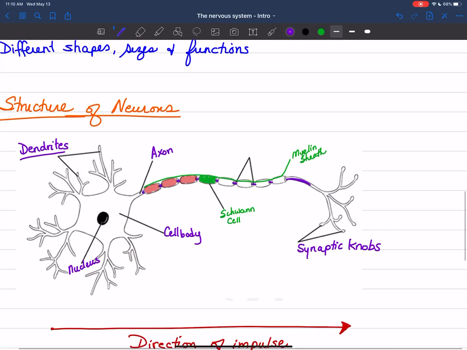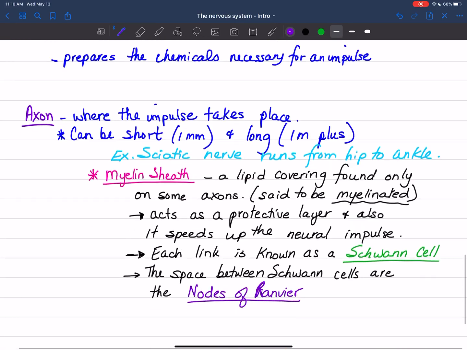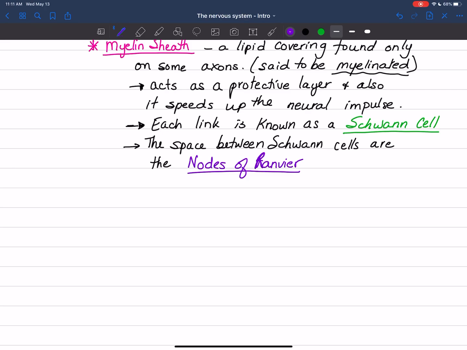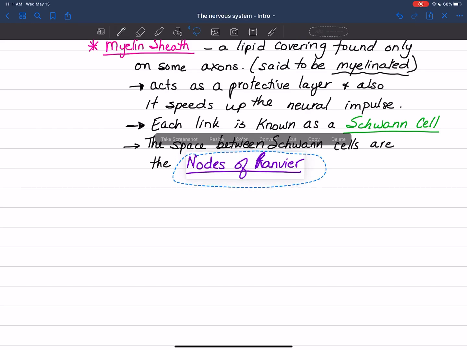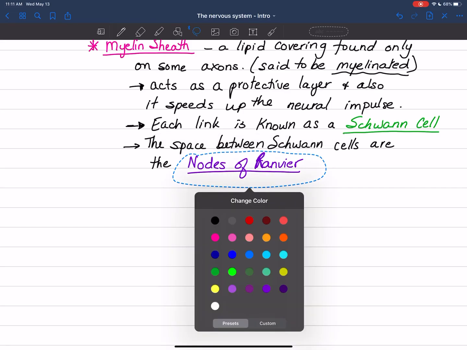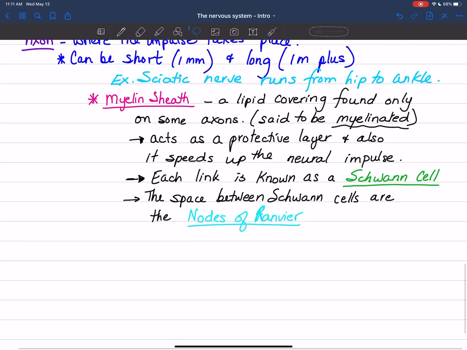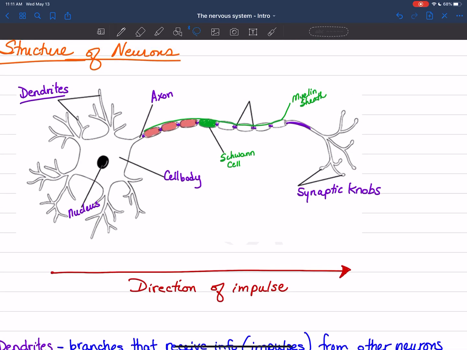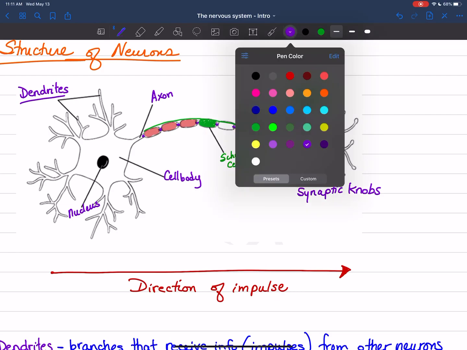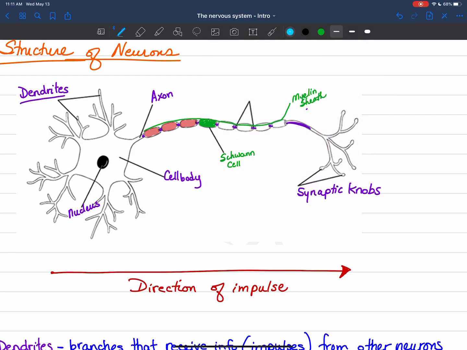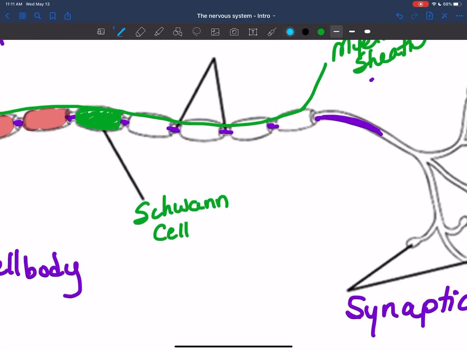So again, if I go back up here, oh shoot, I probably should not have picked purple. I'm going to change the color there. And so here, this space between the little sausage links right here, those are the nodes of Ranvier.